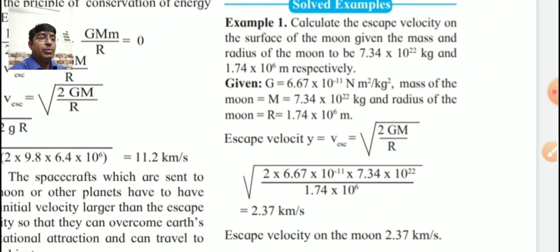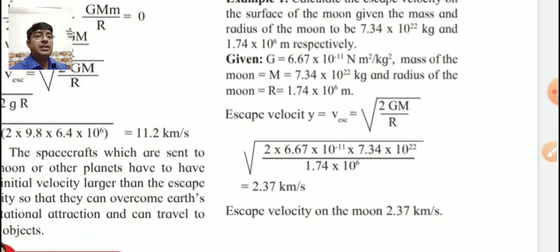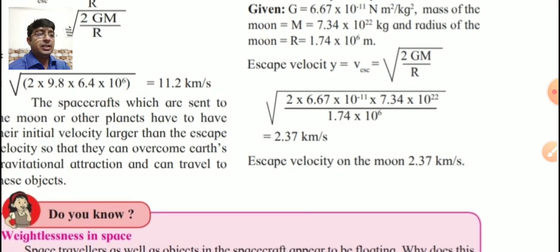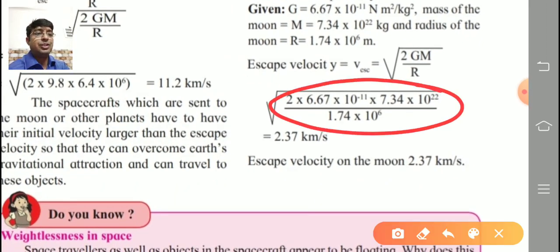Again, one numerical problem is given here, so try to write the question and answer in the form of given, to find, formula and solution, and do a little bit of calculation with these given values. Try to find out how this answer is obtained in this question.